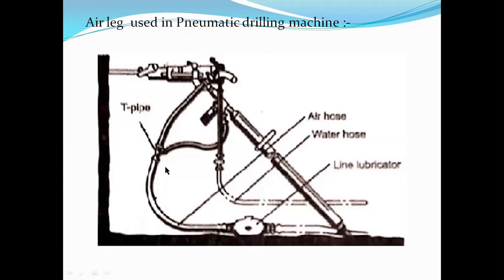By operating the throttle valve, the T type of valve that you have, I can raise or lower the height of the jackhammer. So the throttle valve is used to place the pneumatic drilling machine in any desired position. That's exactly the purpose of this.